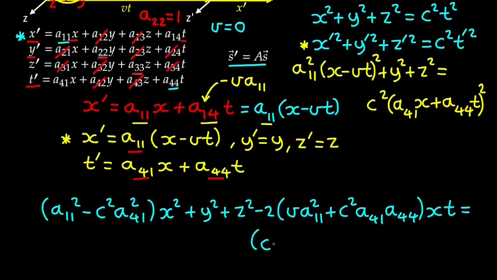So we get c squared by a44 squared minus v squared by a11 squared by t squared. So I'll let you do the algebra on your own.